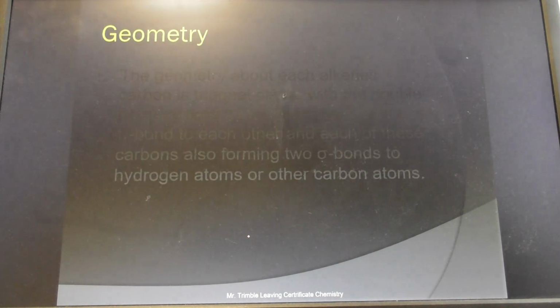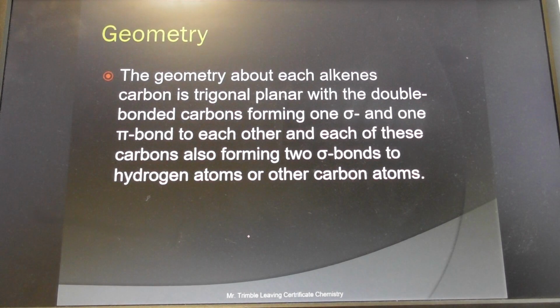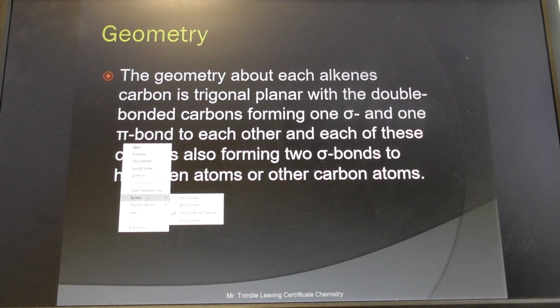The other really funny thing about them is alkenes are said to be planar. Now, what that means essentially, and we'll finish on this then, that's enough in one video.